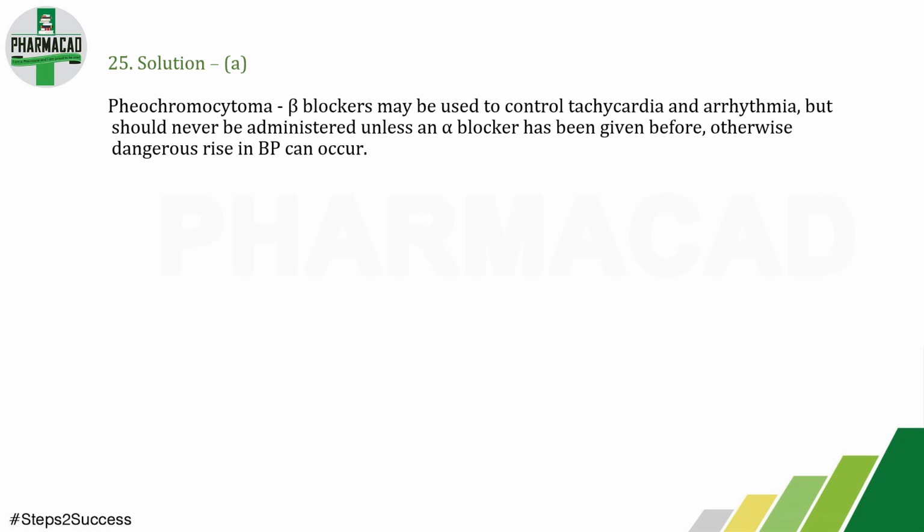Hence the correct option is A. So in pheochromocytoma, beta blockers may be used to control tachycardia and arrhythmia, but they should never be administered unless an alpha blocker has been given before. Otherwise, if we give both blockers together, a dangerous rise in BP can occur. Hence atenolol should never be given directly.